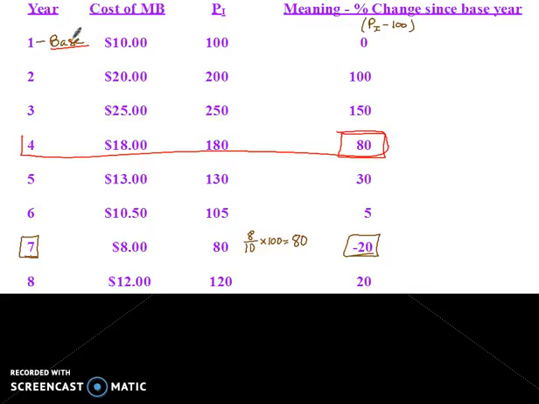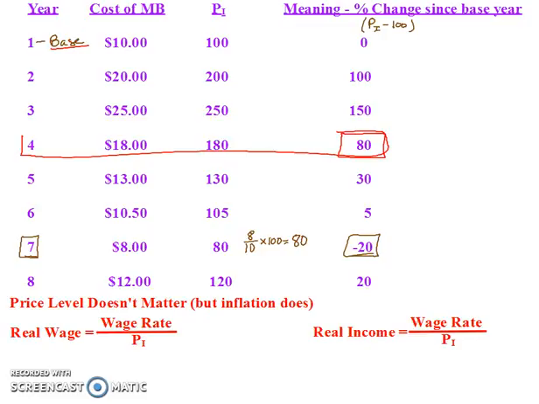And then this price index can be used in all kinds of ways. One way that it can be used is to compare wages from one time period to wages in another time period. So to calculate real wages, you take the wage rate, divide it by the price index, and that will give the real wage during that year compared back to the base year.